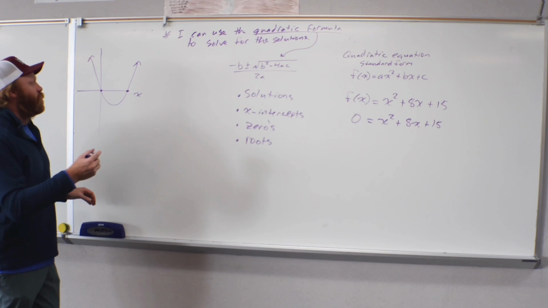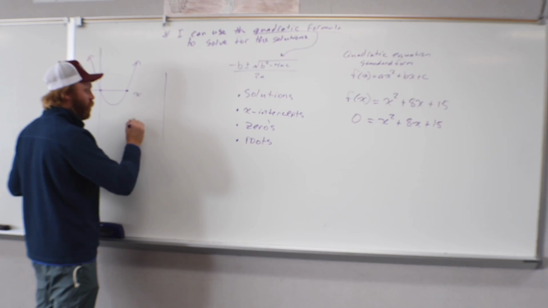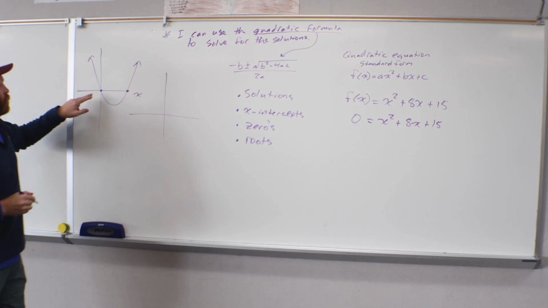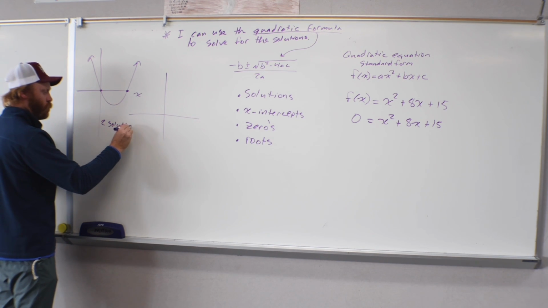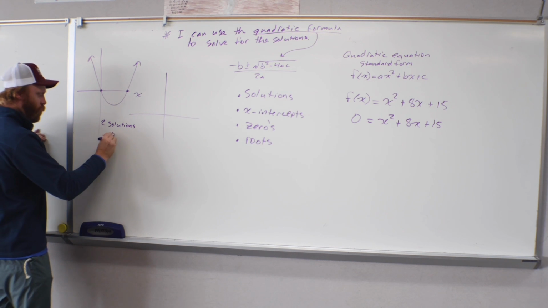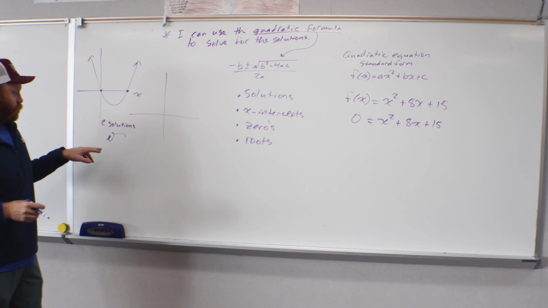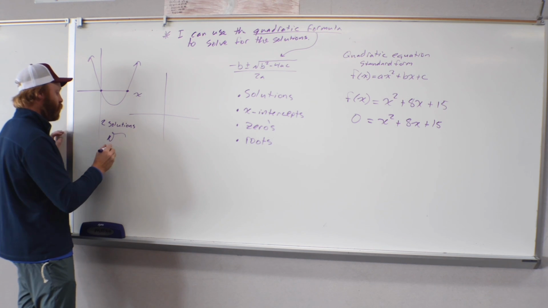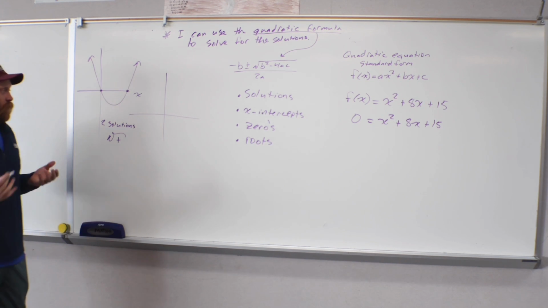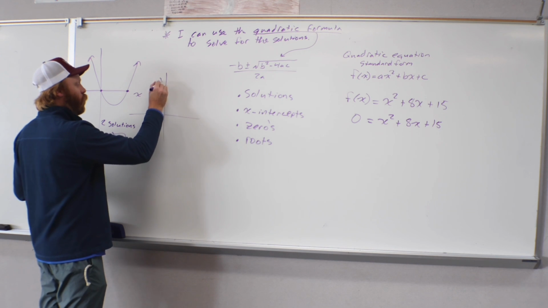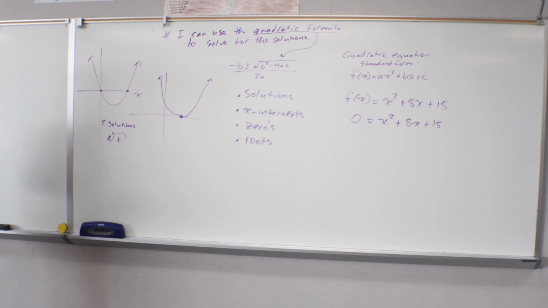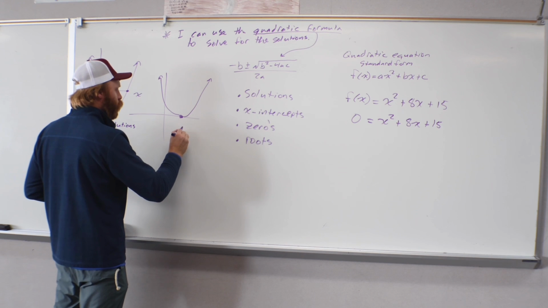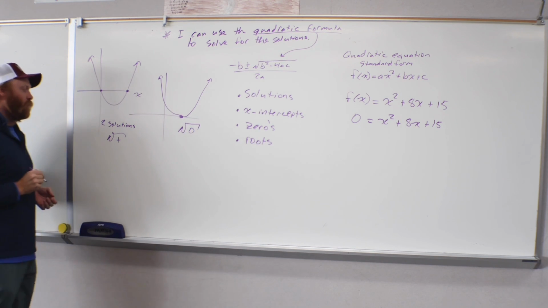So that's kind of where all those different ways of explaining the same thing come from. As I mentioned, there's kind of 3 different answers that we can get. Possibly 2 solutions, and this is going to happen when we have a discriminant, or inside the square root sign, that's going to be a positive number. We can have the case where we cross one time where the vertex hits the x-axis, and that's where our discriminant is going to be 0.